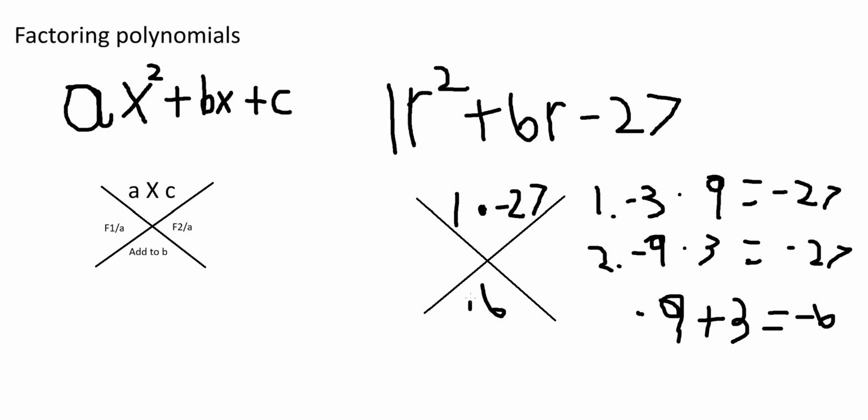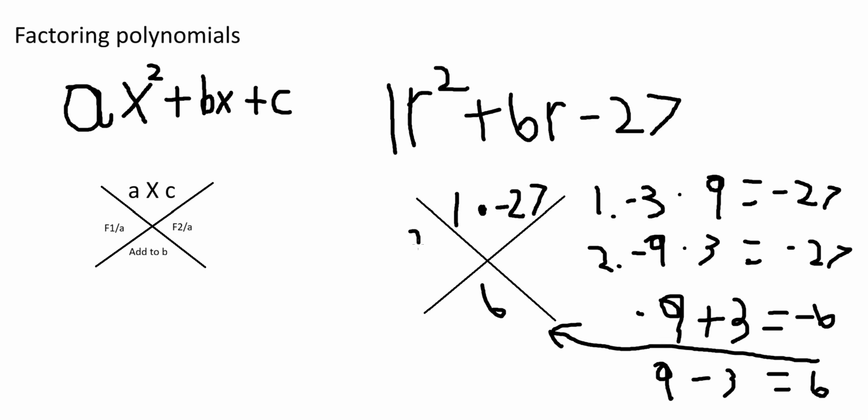Well, that doesn't seem like the right one because this is positive 6. We don't want a negative 6, right? So we can simply just use 9 minus 3 is equal to positive 6, which is right on the value of 6. Whoa, isn't that kind of cool?